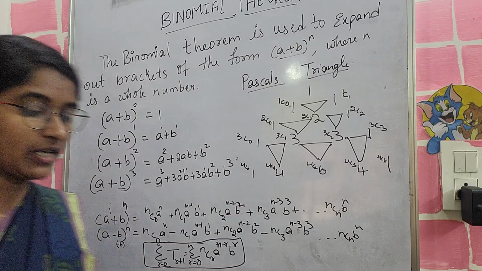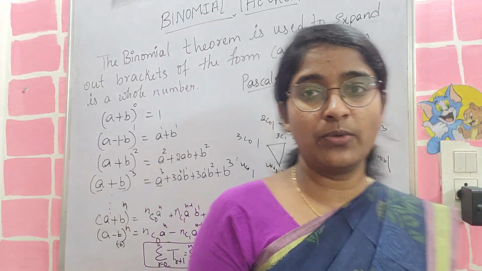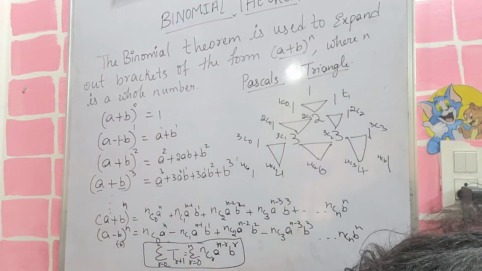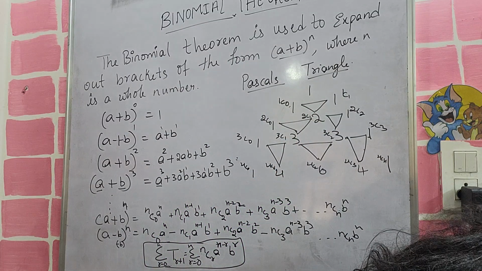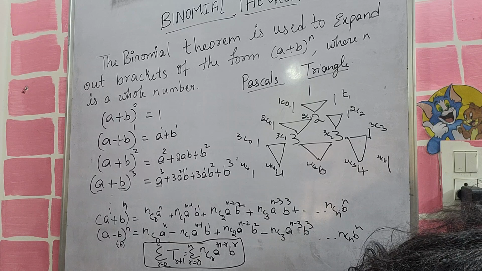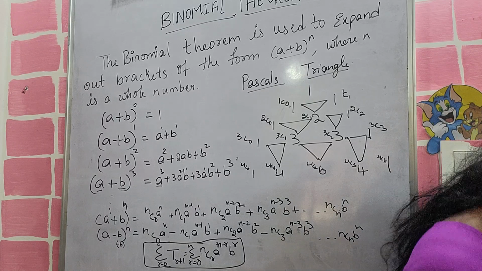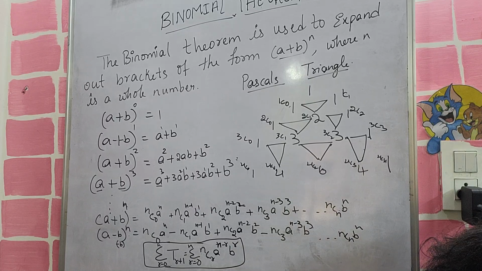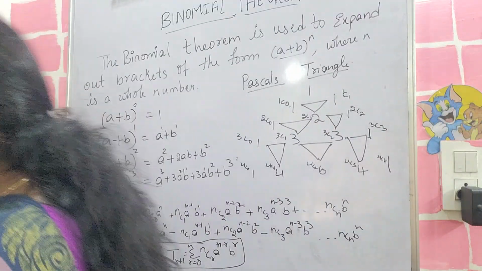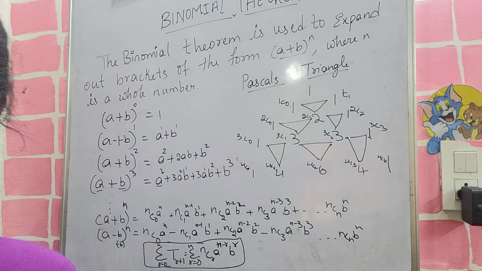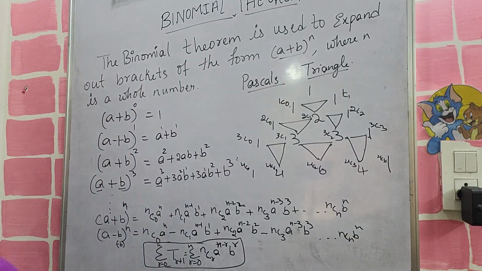Then we have done this part, and we'll check (a plus b) whole power of 4, (a plus b) whole power of 5 and 6. Shall we check these things once? We'll write it and we'll check it. Okay. I think it is becoming easy for you all to write it, and let me write all those things.